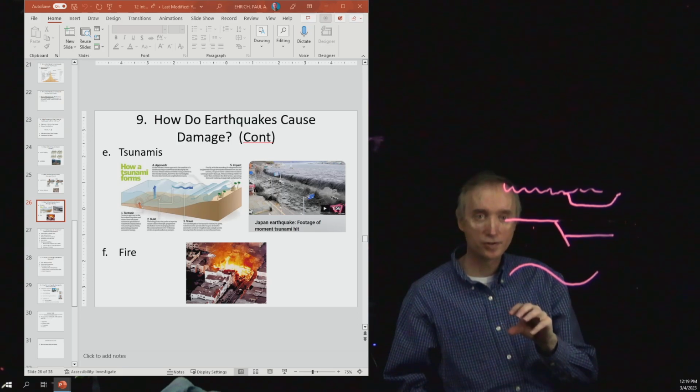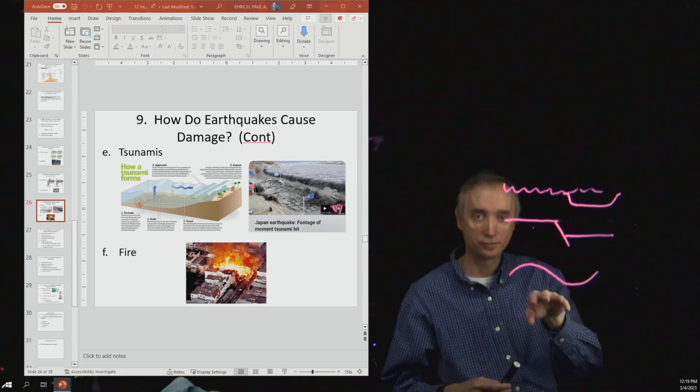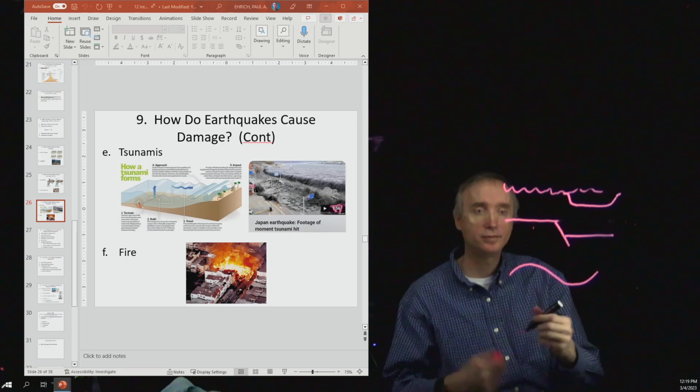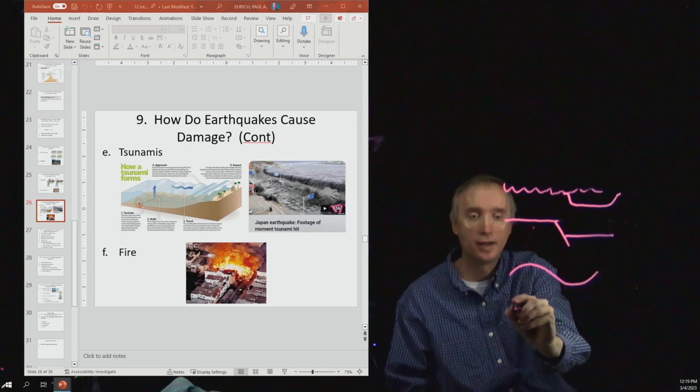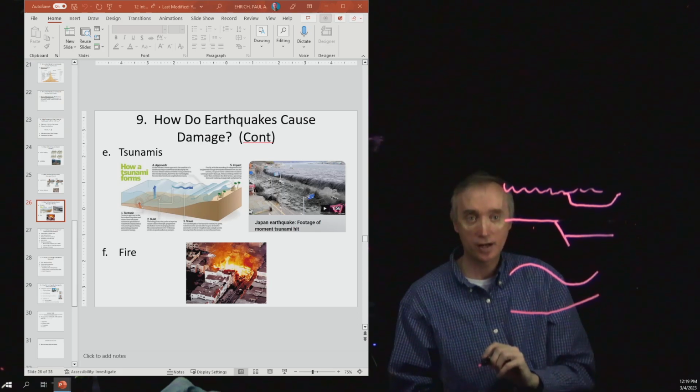When it approaches land, it's going to start to feel the bottom of the ocean. Let's say that here's your wave, it's coming in, and it's deep out here, but then it starts getting shallower and shallower.